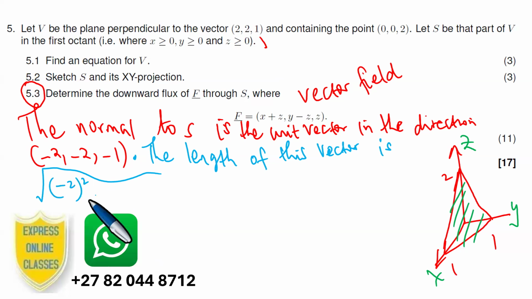Minus 2 squared, minus 2 squared, and then you have 3. The length of this vector, I mean, take its magnitude, you get that.